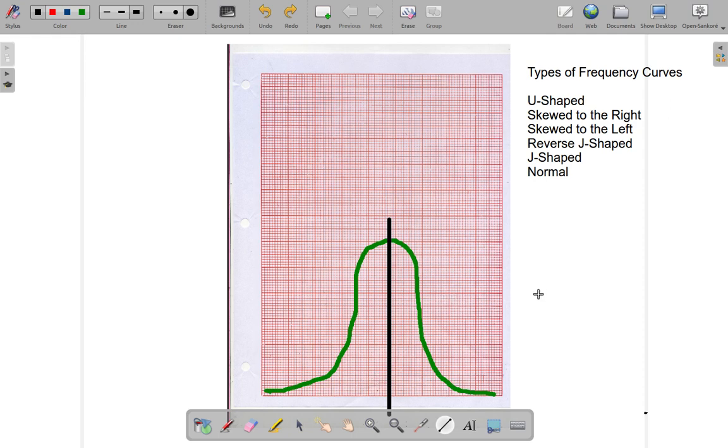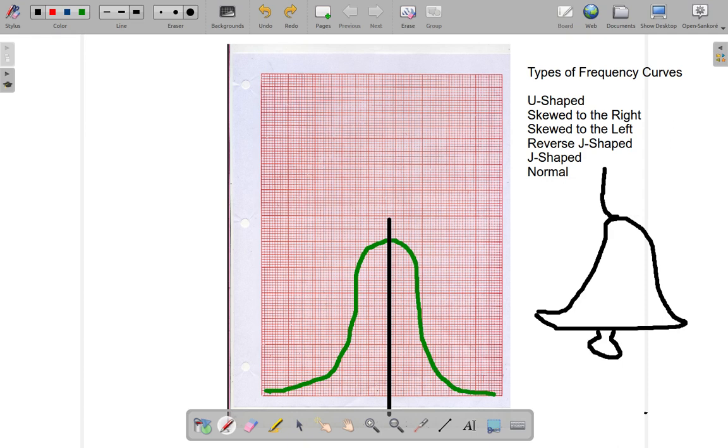It is called the bell curve, because the shape of the bell is somewhat like this. You have the bell, and then the part that hits the side of the bell, and you have the angle that you hold.